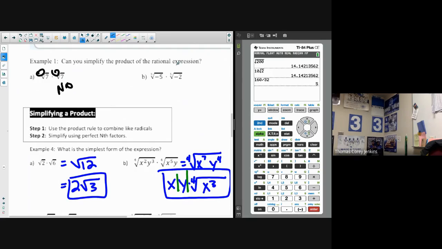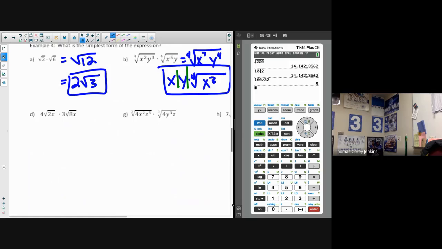The answer here would be yes, because we have the same root, so this would be equal to the fifth root of 10. All right, so I definitely should have done that first, but okay, I will leave C for you to look at, and let's look at maybe D and then maybe one more.